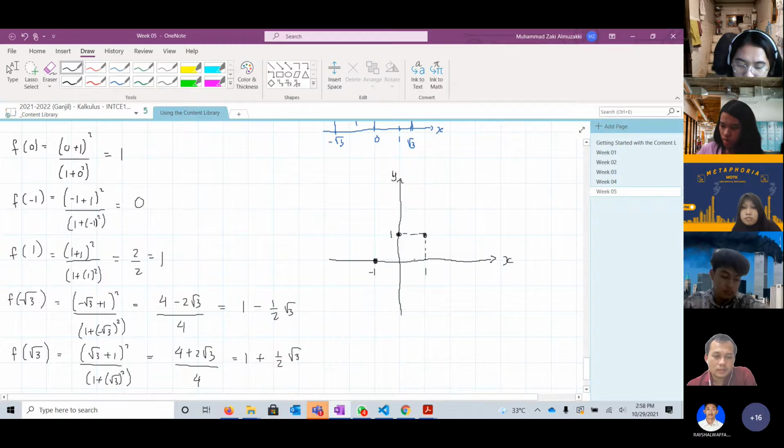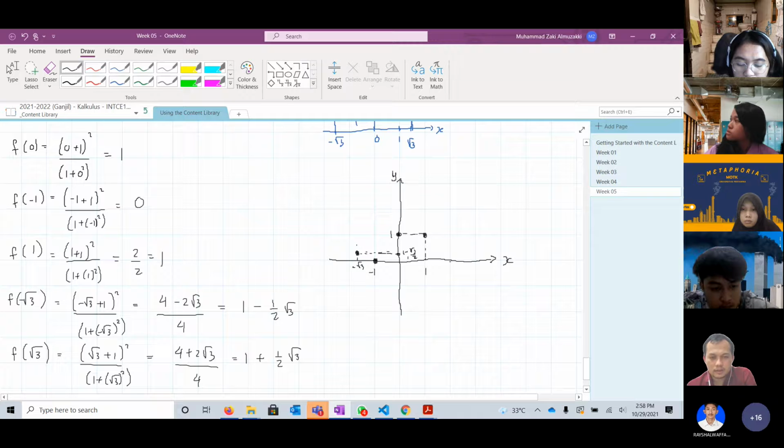It should be around here. So this is minus square root of 3, and at this point it is 1 minus square root of 3 over 2.